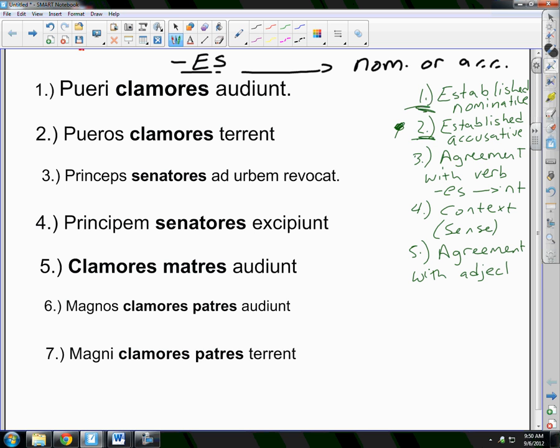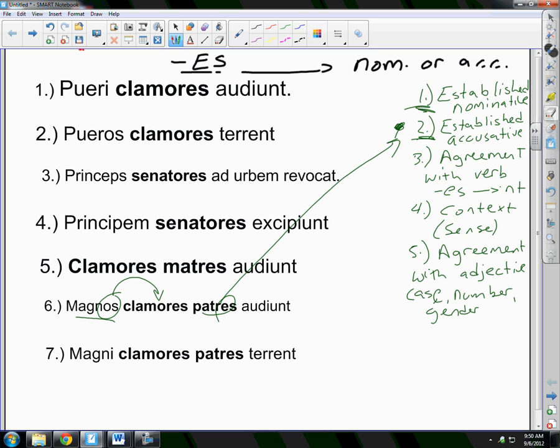And remember that adjectives have to agree in case, number, and gender. In this case, magnos is the clue that leads me to clamores being accusative, plural, and masculine. As far as patres is concerned, I established an accusative already. So if I've already established an accusative, then es has to be nominative.